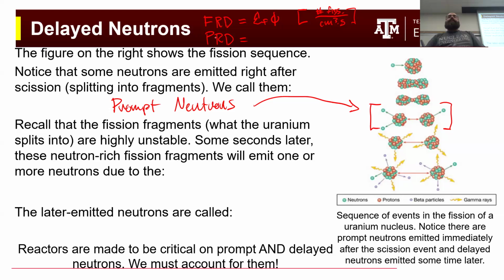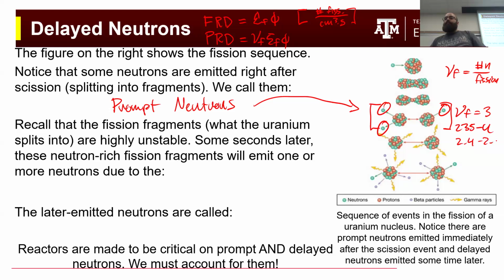The reason that they're different is because the production rate density has a multiplier up front, nu sub f. And nu sub f is the number of neutrons per fission. Notice here, nu sub f was like 3. And for uranium-235, it's like 2.4 to 2.5.